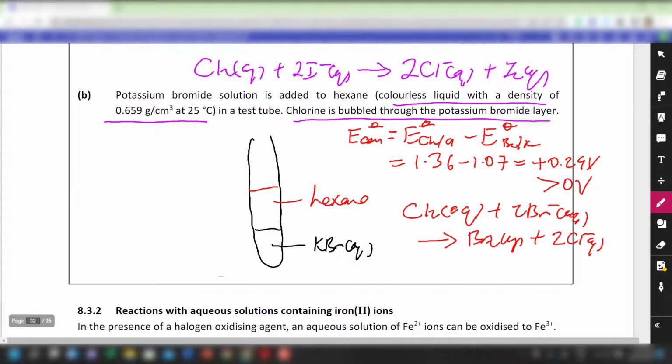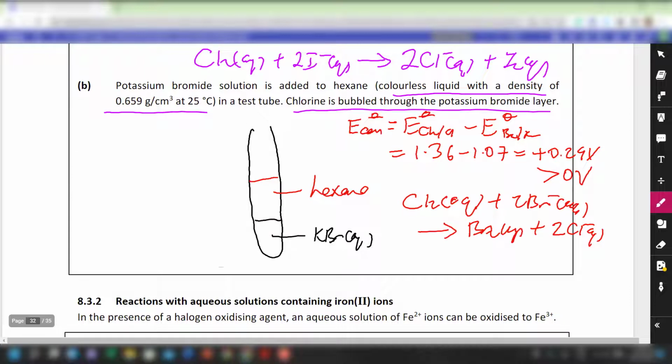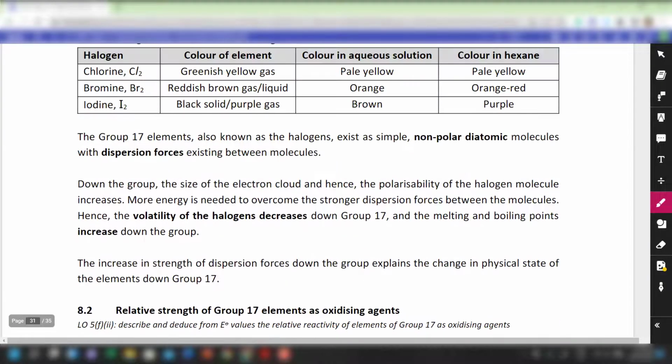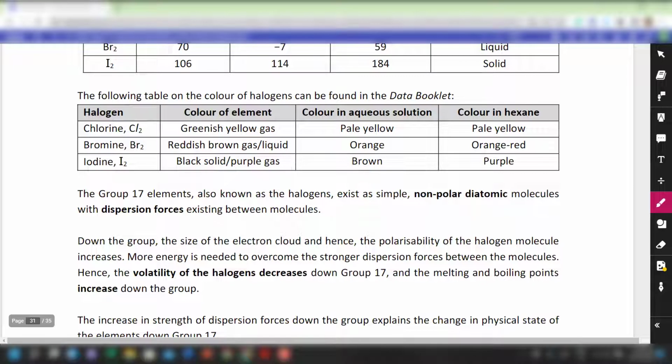With that, I will expect first of all the aqueous solution to turn, let me see the color over here, first into orange. So you expect the aqueous solution to turn from colorless to orange.